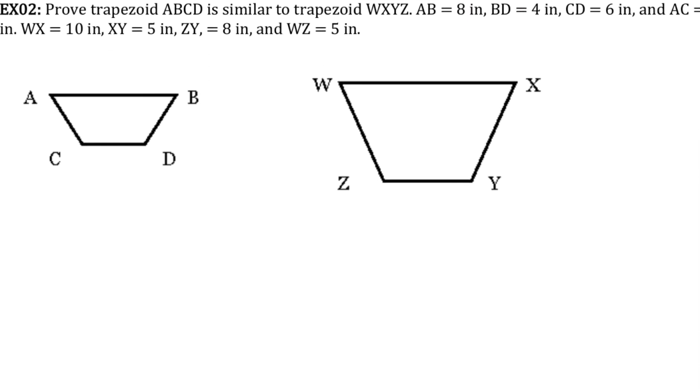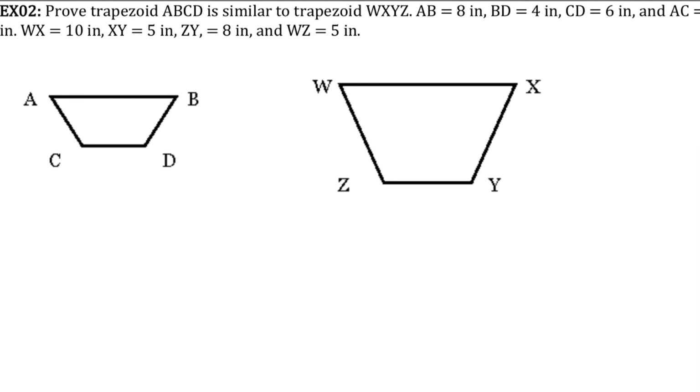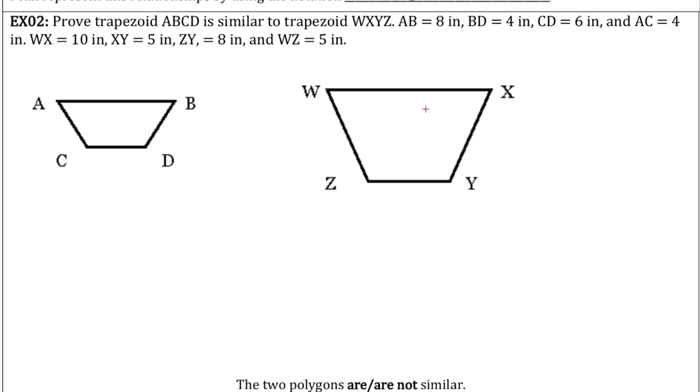All right, trapezoid ABCD. Actually, hold on one moment. All right, I think I fixed it. So prove trapezoid ABCD is similar to WXYZ. AB is 8 inches.